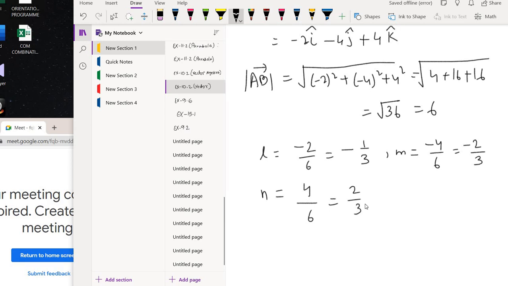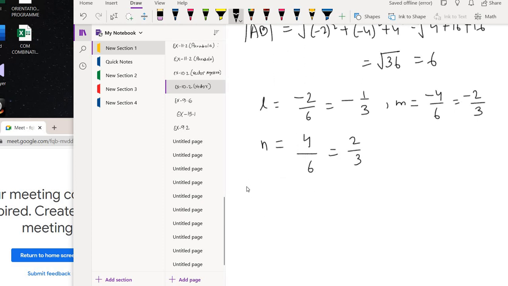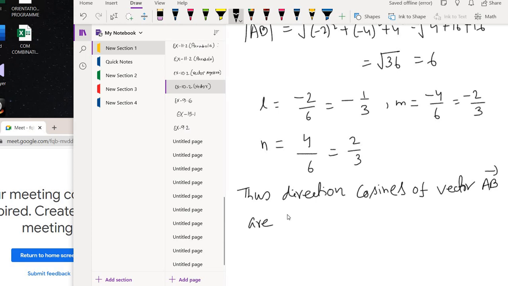Okay, therefore direction cosines of vector AB are minus 1 by 3, minus 2 by 3, 2 by 3.